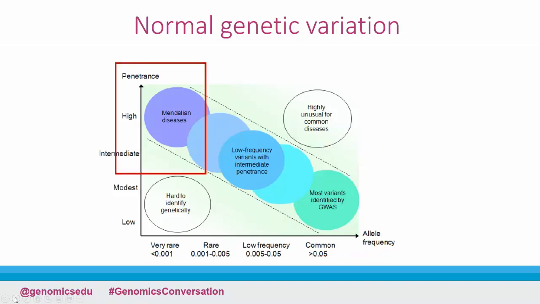At the top end of our graph, we have these low frequency or very rare variants, which have high penetrance. And this is probably the sort of genetic variants that you're familiar with in rare disease and in Mendelian disease. So that's where a single gene variant causes an individual disease, and if you inherit that variant, it has pretty full penetrance, so you're very likely to go on to develop that disease.